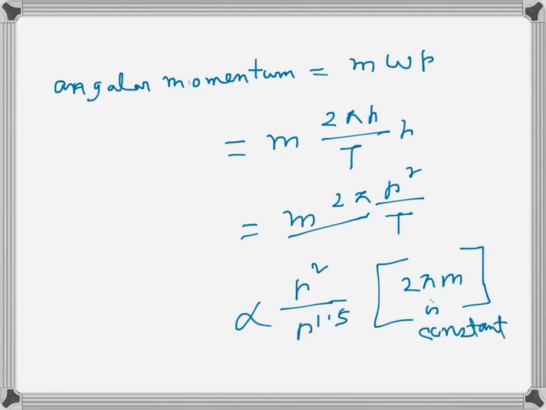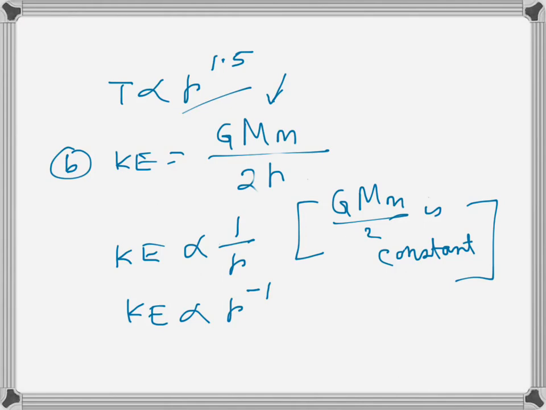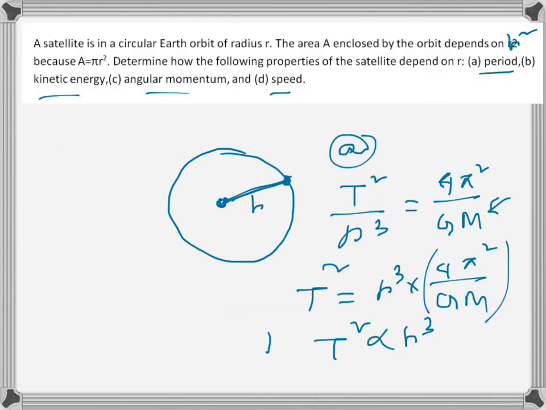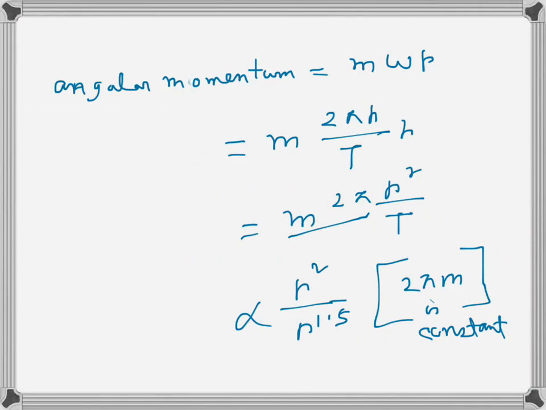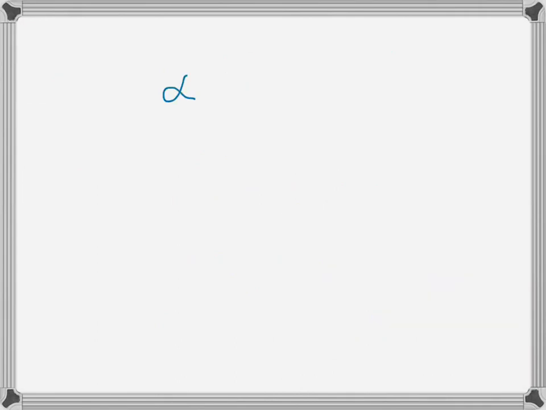That's why we have written proportional; if we wanted to equate it, we could have said this is constant. So now the proportionality becomes r to the power 0.5. That's how angular momentum changes with r.